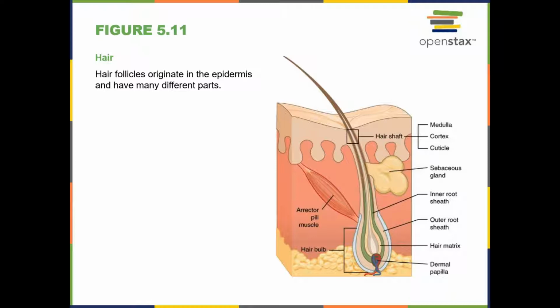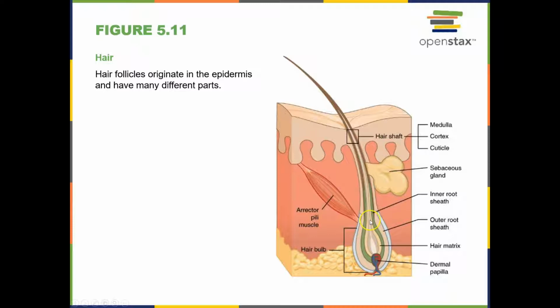So the hair originates from a region called the hair matrix. There's that dermal papilla providing nutrients, and then here we have the hair matrix. This is the area where we have living hair.